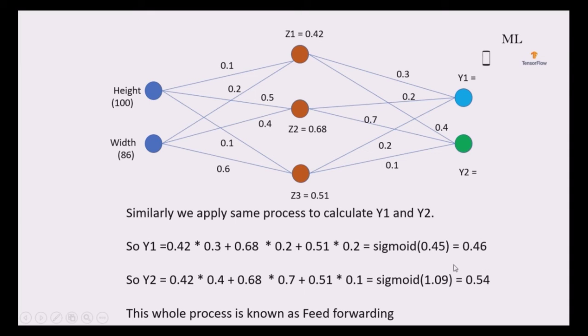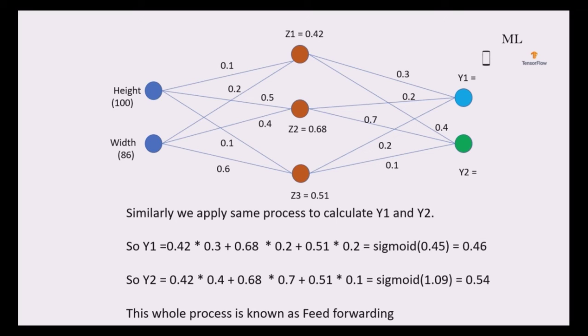If the value of y1 is greater, then we are saying it's a male, and if the value of y2 is greater, then we are saying it's a female. So right now our model is predicting that the weight and height of the person is of a female.